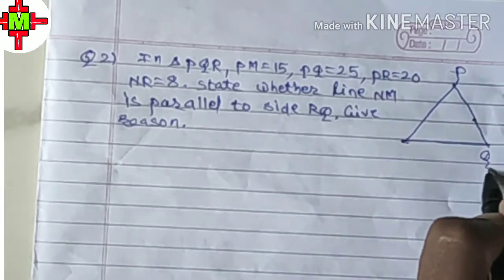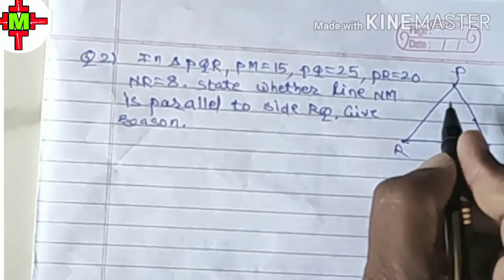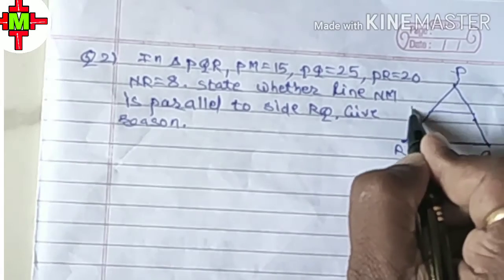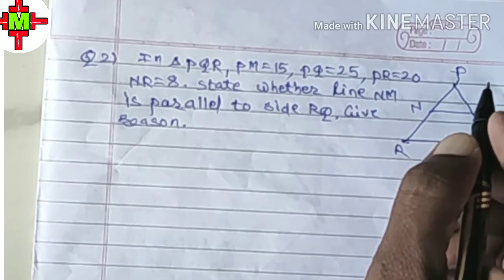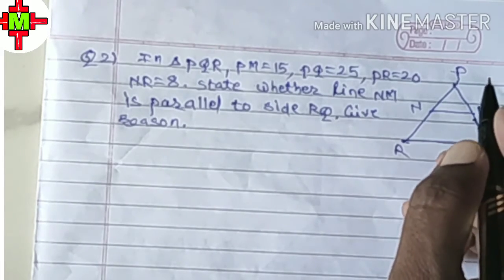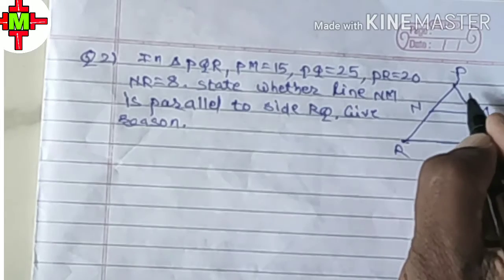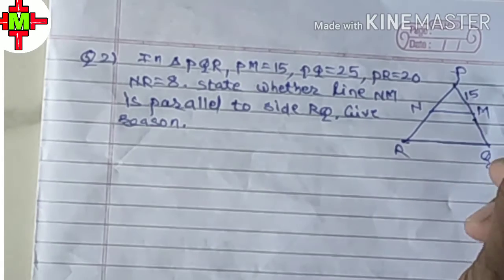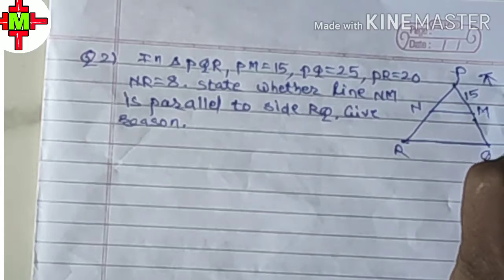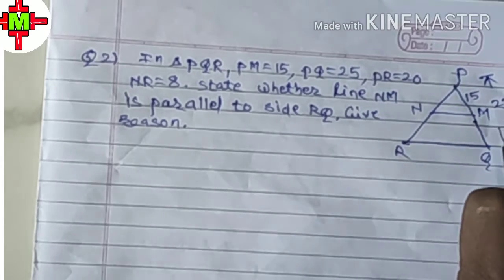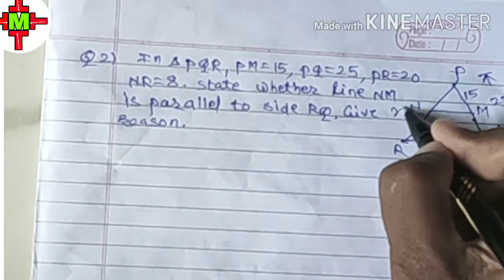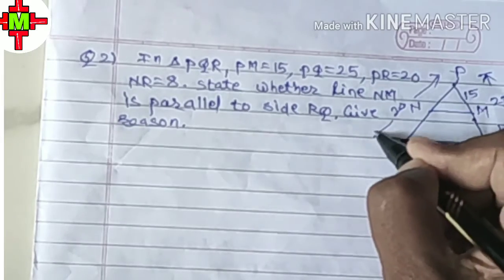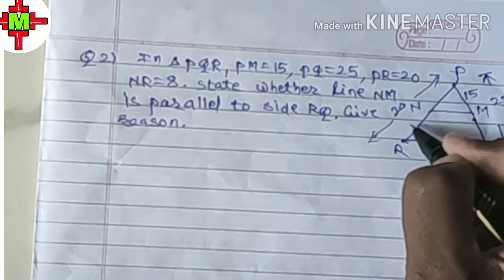P, Q, R, N and M. Now see the solution, what is given we will write in the figure. PM is 15, PQ is 25 and PR 20. PR is given 20, NR 8.